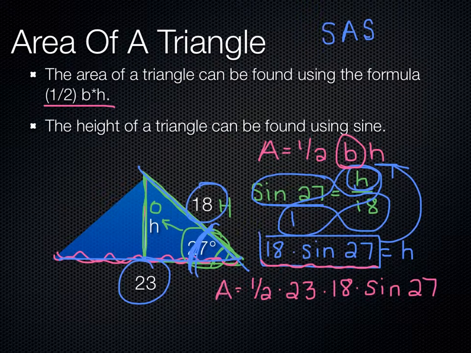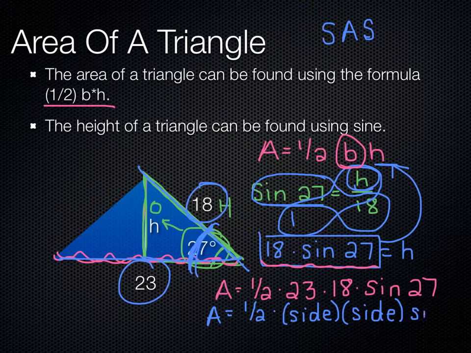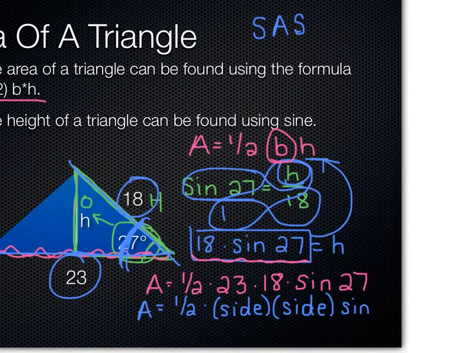Look at this. This formula is really 1/2 times one of the sides times another one of the sides. Okay, that's what the 23 and the 18 are. And then times the sine of the angle in between the two.